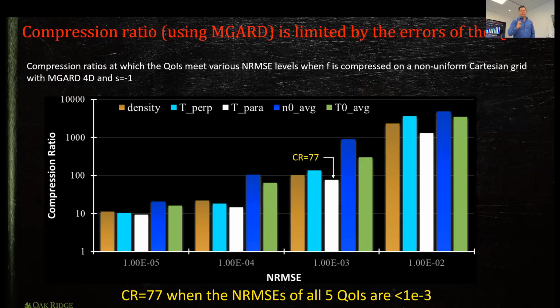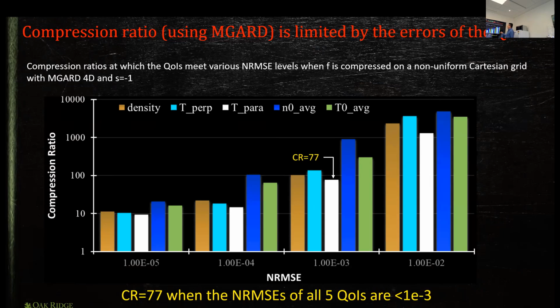All right. So then what about the errors and quantities of interest? One of the nice unique features is that for linear quantities of interest, MGARD can guarantee mathematically the errors of the linear quantities of interest. Now, these were all the quantities of interest. Again, it's just a column chart with different errors.